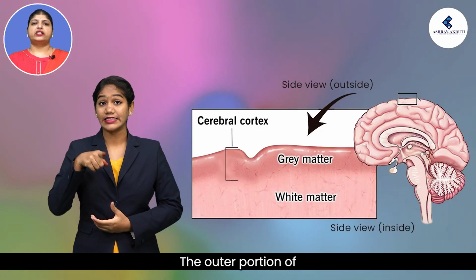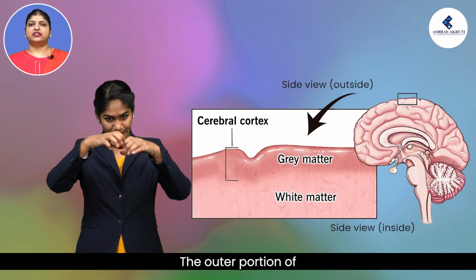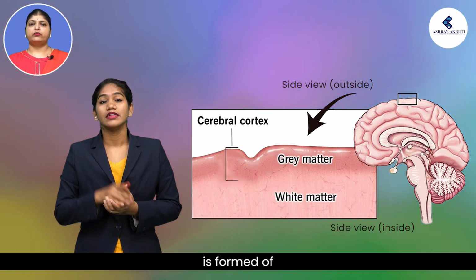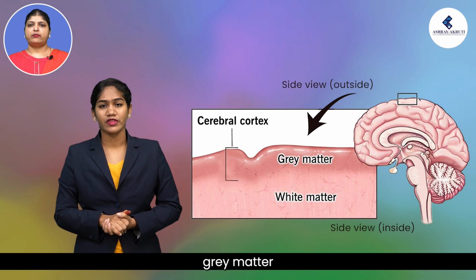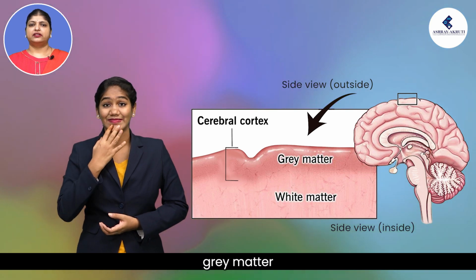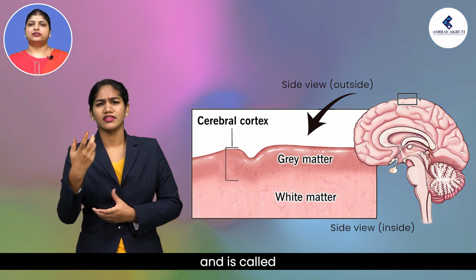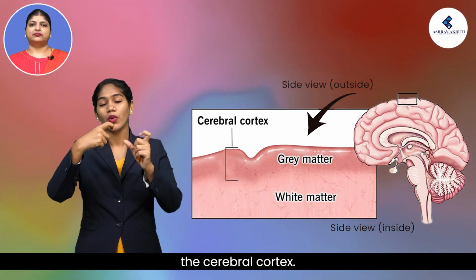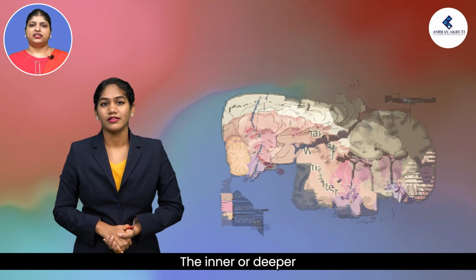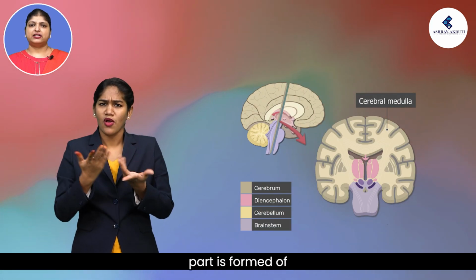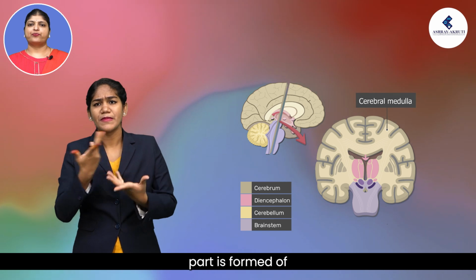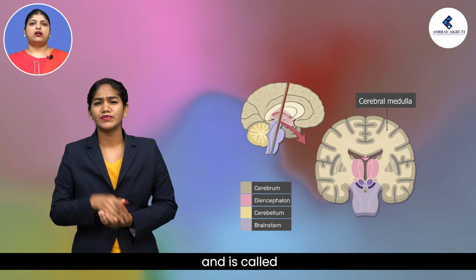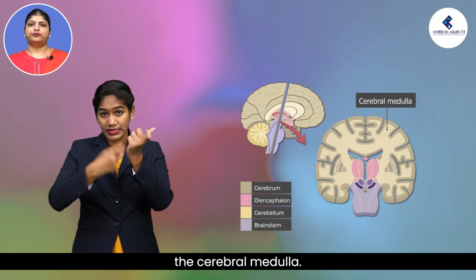The outer portion of each cerebral hemisphere is formed of grey matter and is called the cerebral cortex. The inner or deeper part is formed of white matter and is called the cerebral medulla.